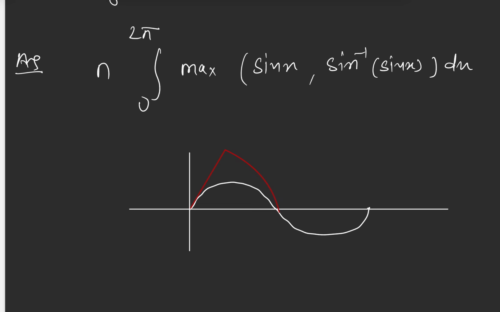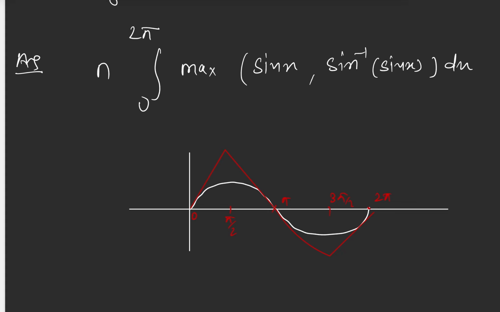Wait, sorry, we'll draw a graph like this. This is a straight line, and this is also a straight line. So if we see, this angle is 0, this is pi by 2, this is pi, this is 3 pi by 2, and this is 2 pi.